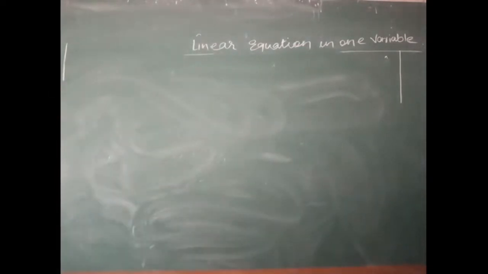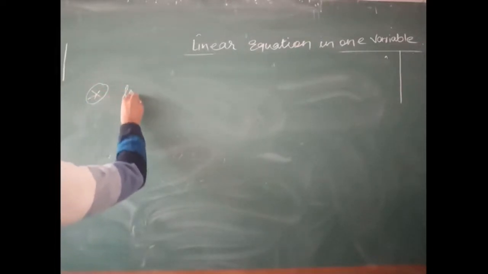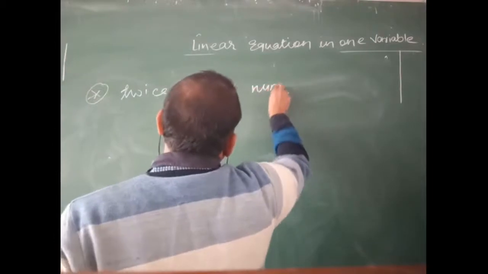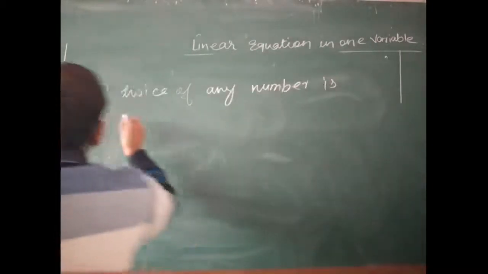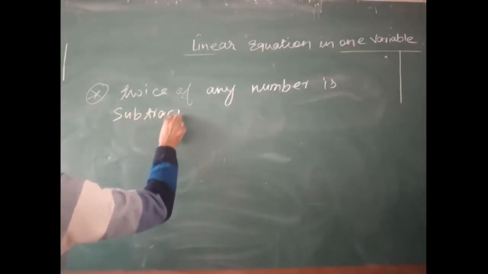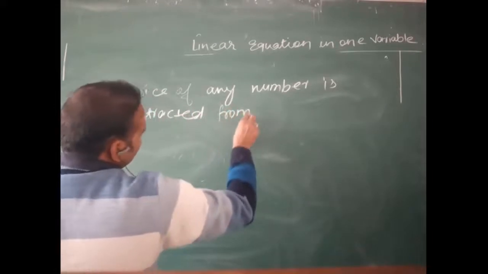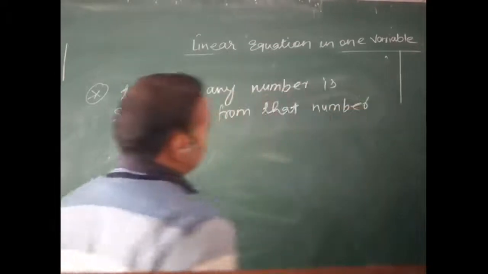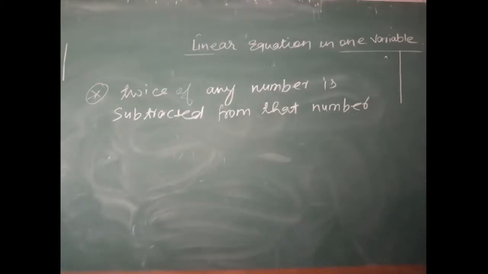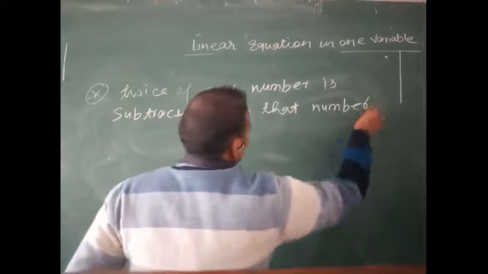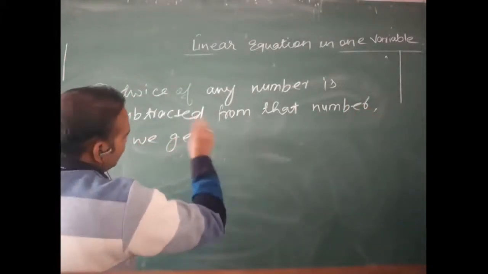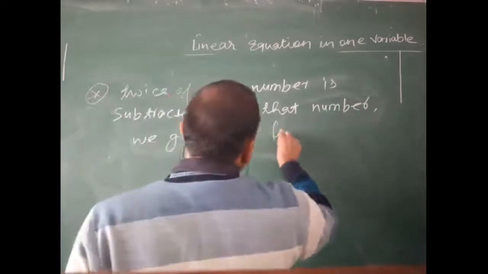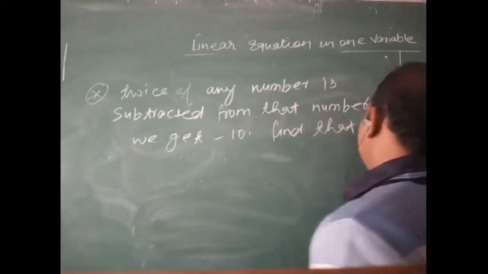Next problem is like this: if twice of any number is subtracted from that number, we get minus 10. Find that number.